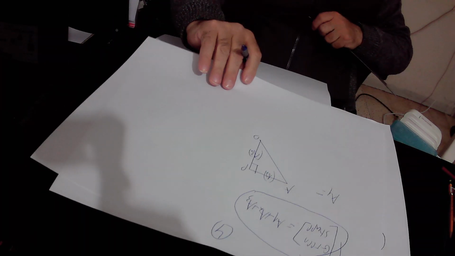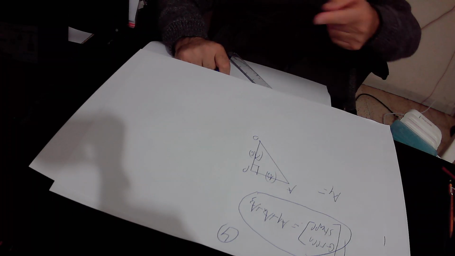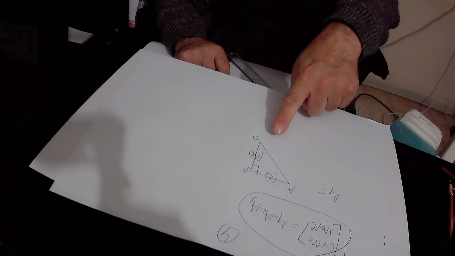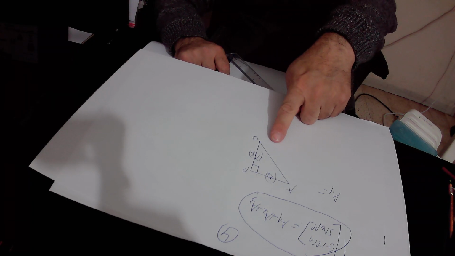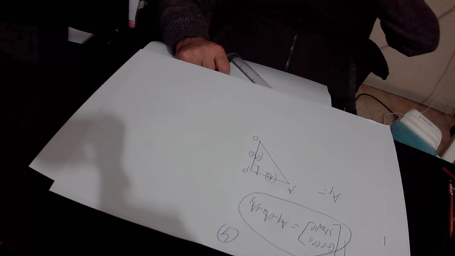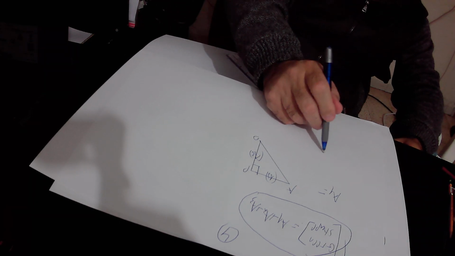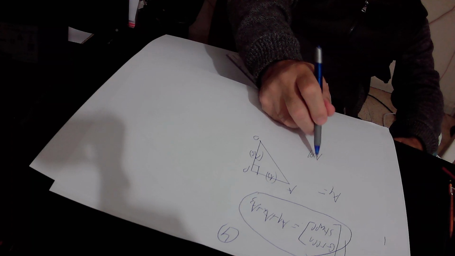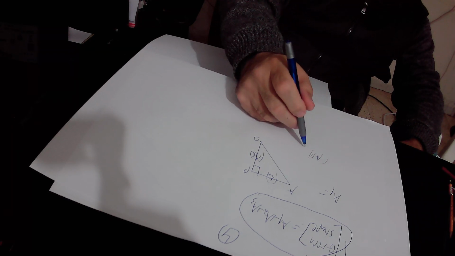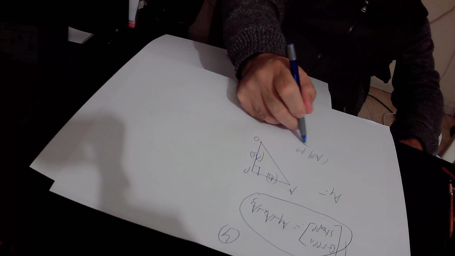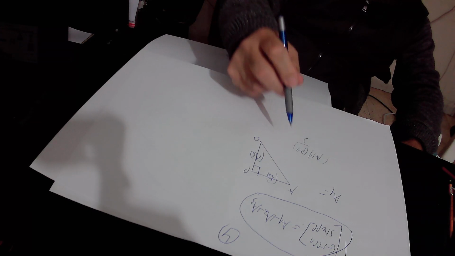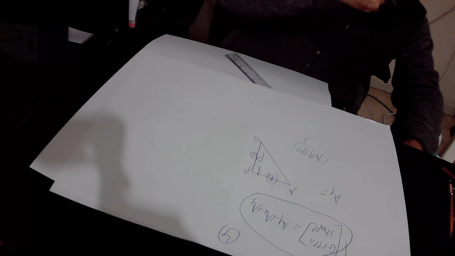Repeat again, the area A1 equals the area of the right triangle APO that I copied here from the original drawing. So the area of this right triangle must be equal to AP times PO over 2.